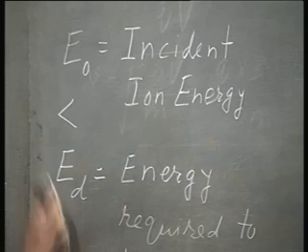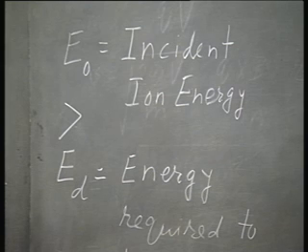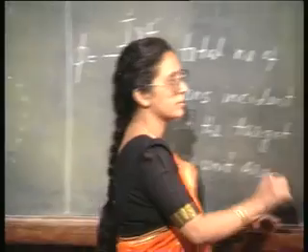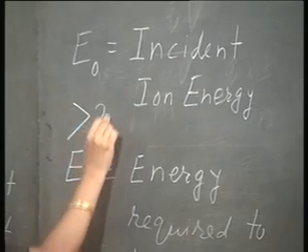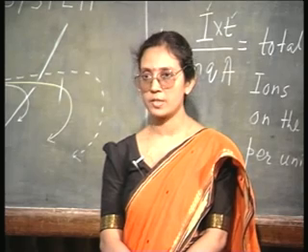If however E0 is greater than Ed, but it is less than twice Ed, then we will have a single displacement. It is greater than Ed, it can cause a displacement, but it is less than 2Ed. So, we cannot have multiple displacements, right. But suppose it is greater than twice Ed, then we can have multiple displacements or a cascade of displacements.